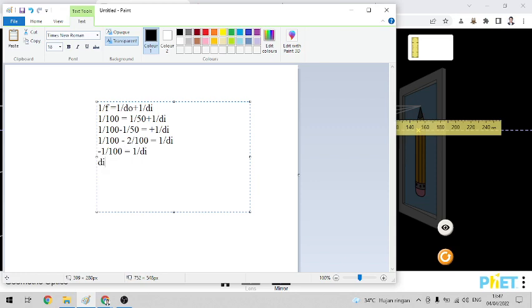So we get the image distance is minus 100 centimeter. And because it's minus, it means it is virtual. In the mirror, virtual means behind the mirror.